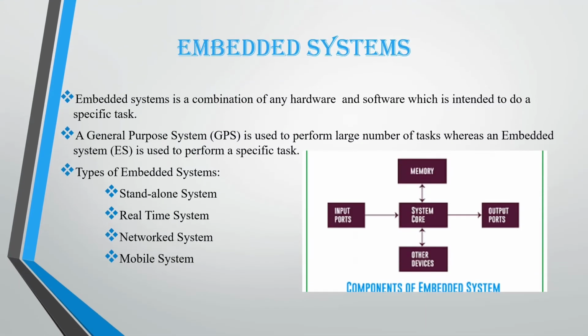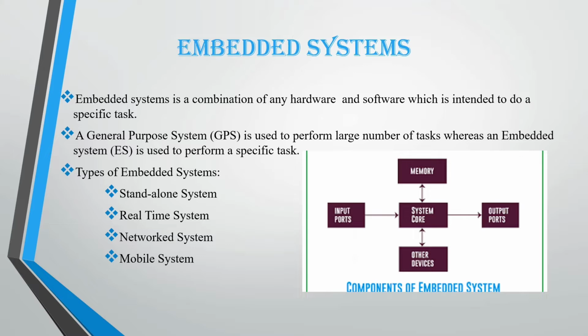Coming to what is embedded systems? Embedded system is a combination of hardware and software which is intended to do a specific task, whereas a general purpose system is used to perform a large number of tasks.